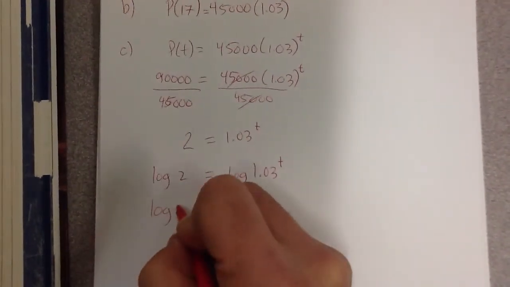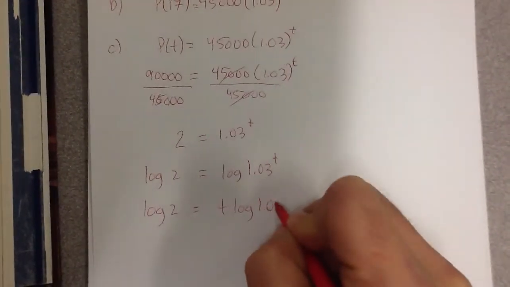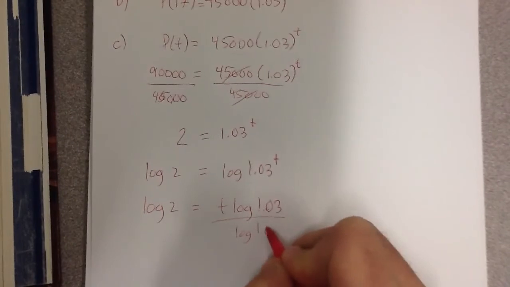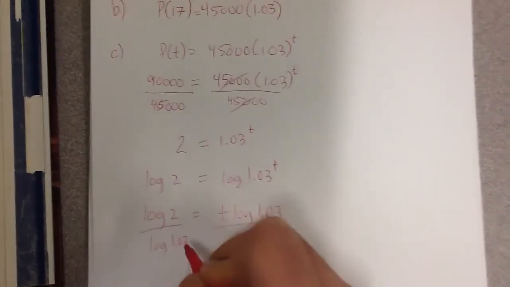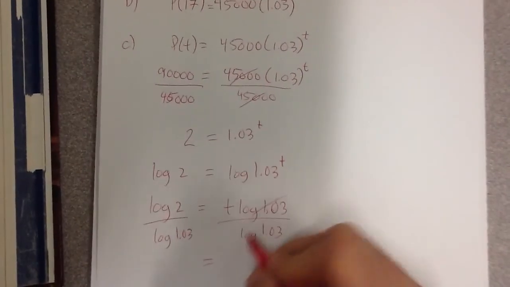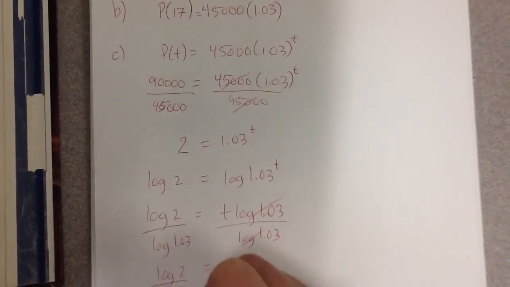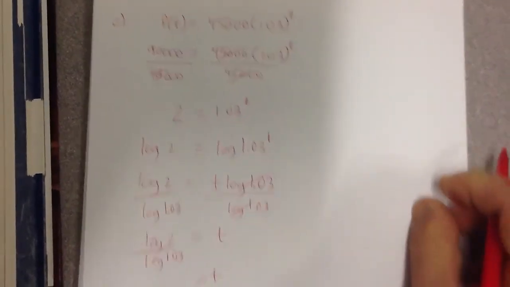So this is log of 2 is equal to t log of 1.03. Divide both sides by log of 1.03. And I'm going to get t is equal to log of 2 divided by log of 1.03. Okay, and I'll let you finish that one on your own.